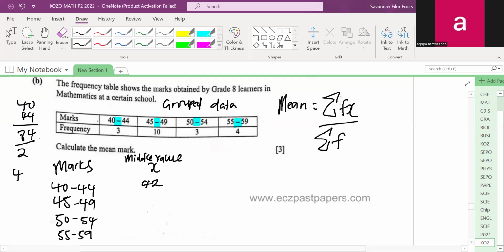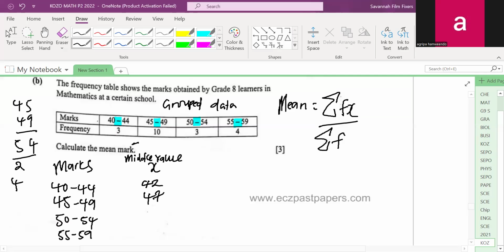So you do the same for all of these. You get the value that's in the middle. 45 plus 49, 14, 4, you carry 1, 94. Then you divide by 2. That would be 47.